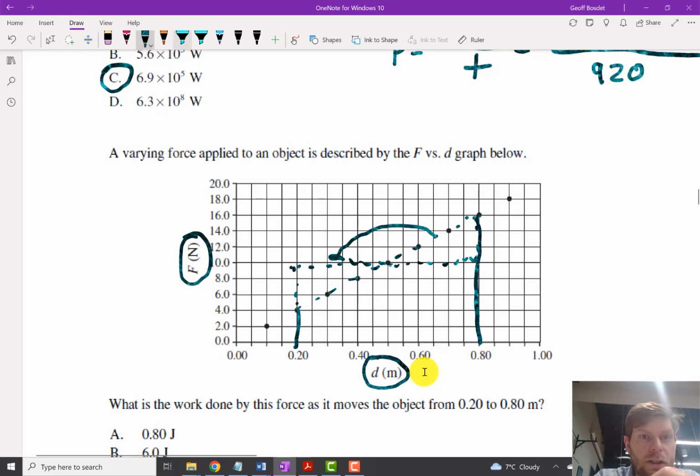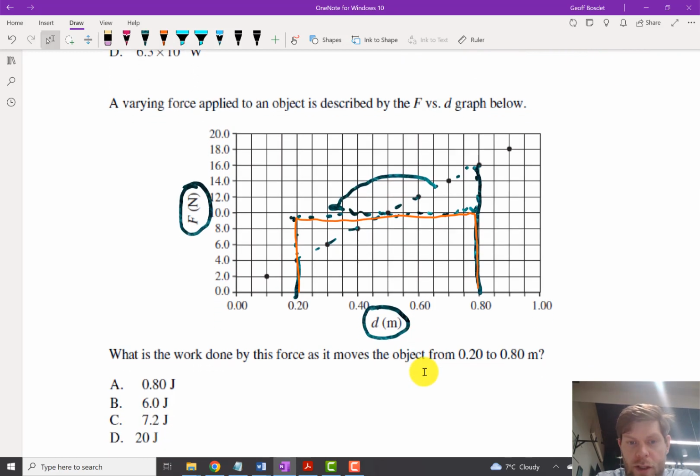And then the area of the original shape is the same as the area of this shape, which is just a rectangle, which in this case is just 10 times 0.6, because this is 0.6 and my average force was 10. So 10 times 0.6 is 6, shockingly.